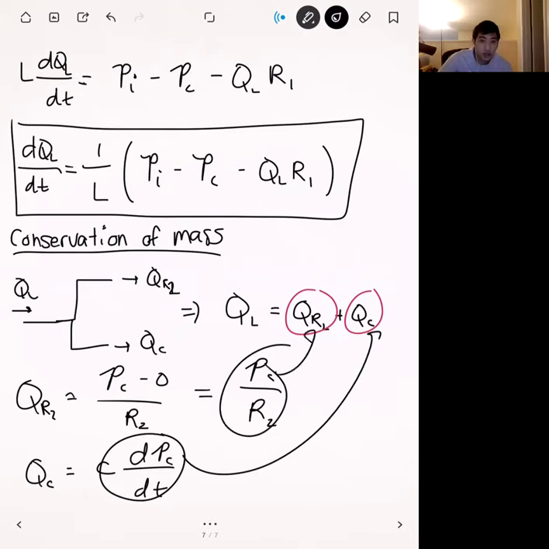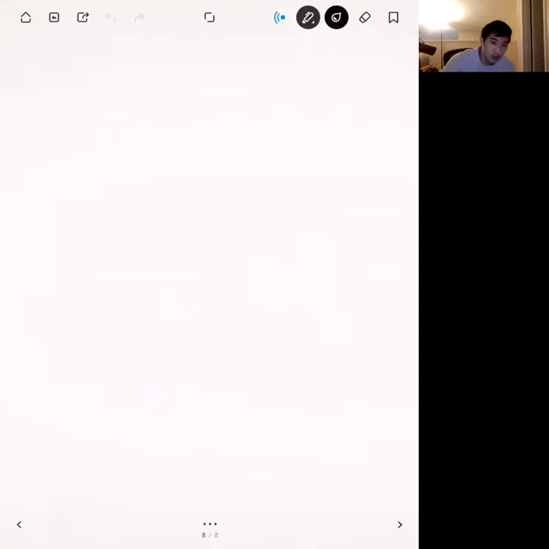Now all we have to do is plug these into the expression up here and manipulate it a little bit mathematically, and that will give us our second differential equation for the circuit. Putting it all together, QL is equal to PC over R2 plus C dPC/dt.